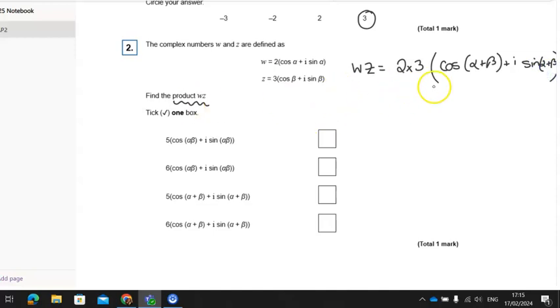So we're going to have 6 lots of cos alpha plus beta plus i sine alpha plus beta. If that was w over z, you would divide your moduluses and subtract your angles. So just going forward, make sure you know those.